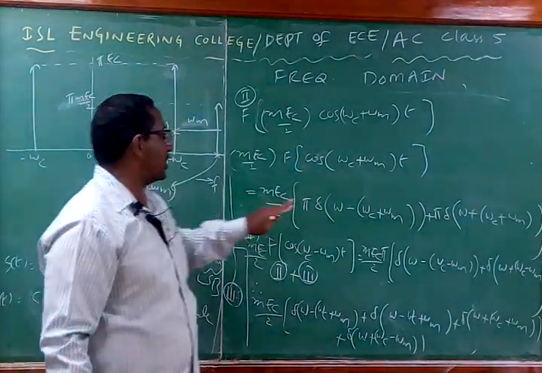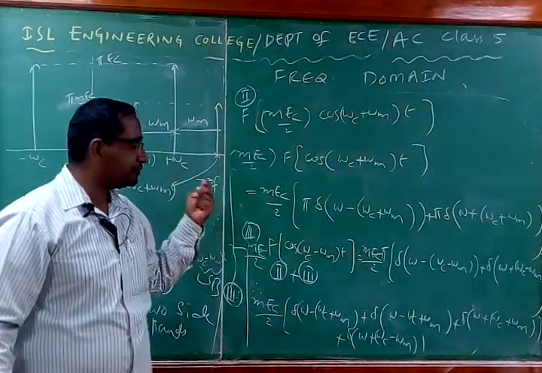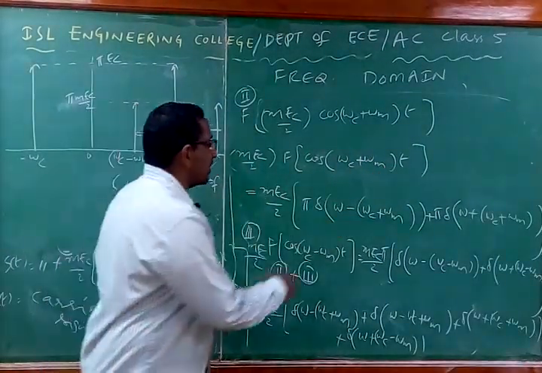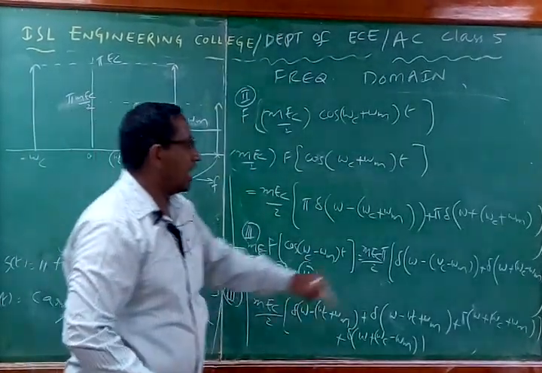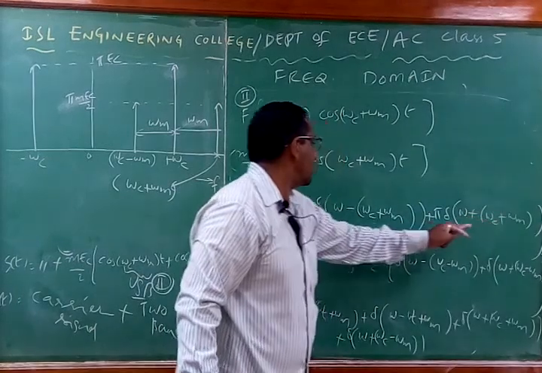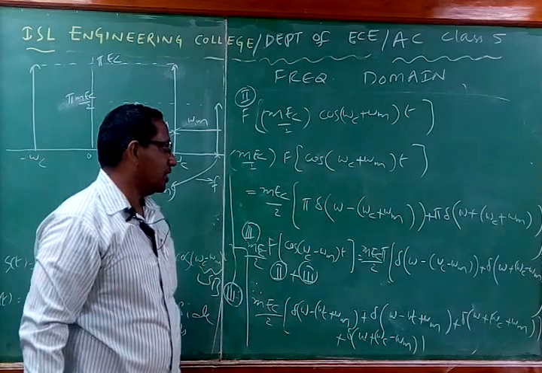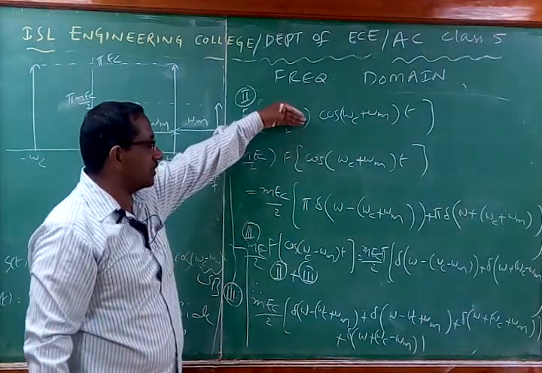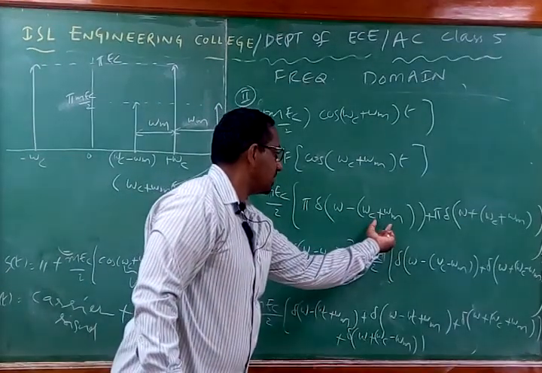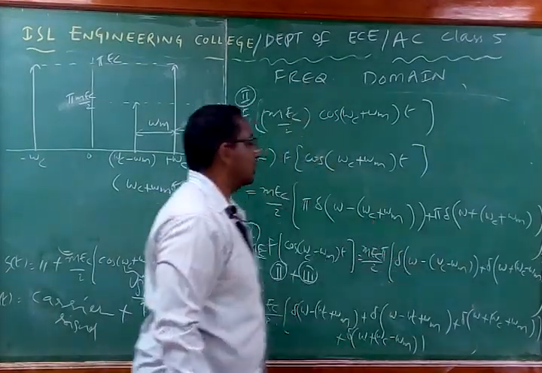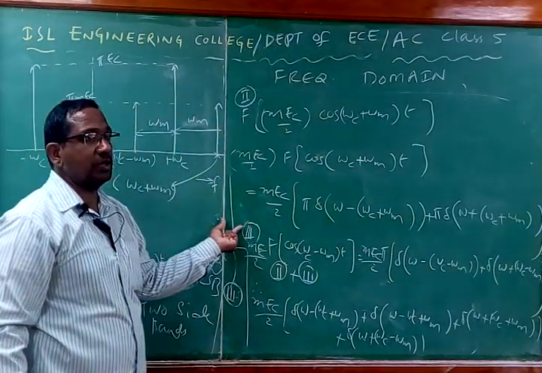We get a spectrum on the positive side of 0 and the negative side of 0. So delta of omega minus is on the positive side of the 0 axis, and delta of omega plus omega c plus omega m is on the negative side of the spectrum. Similar to the previous cos function, the only difference is we get this in terms of the upper sideband and lower sideband frequencies. So this is the upper sideband and lower sideband frequency component which we have got.